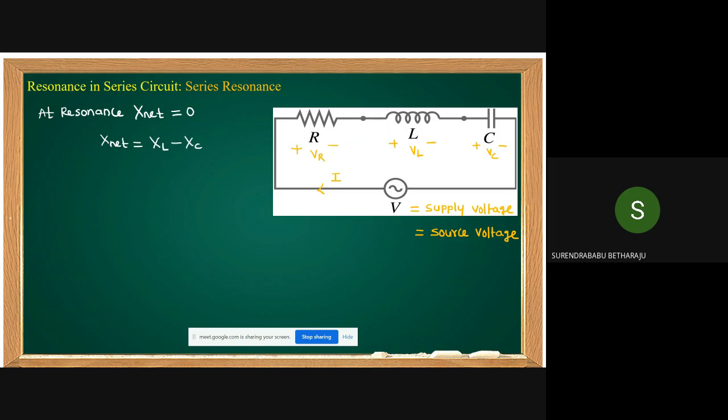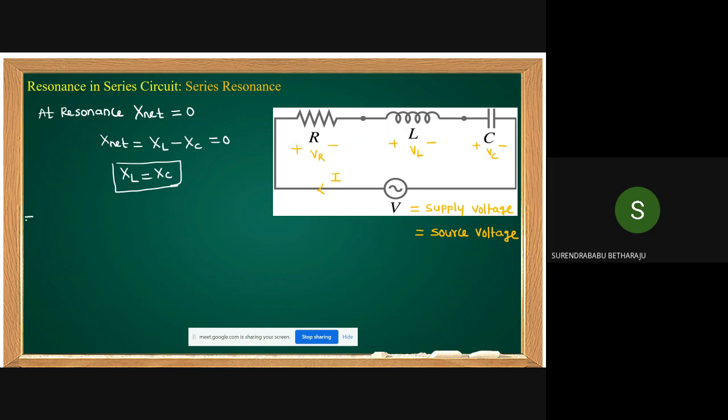I told you already in the AC analysis why it is negative for capacitive reactance. So XL minus XC, the net reactance equals zero. That means XL equals XC. This is one observation at resonance condition: XL equals XC, students.